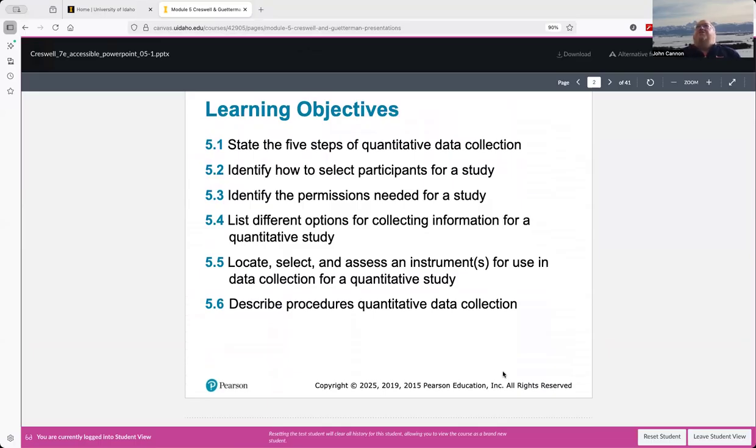The first one: state the 5 steps of quantitative data collection. Second, identify how to select participants for a study. Number 3, identify the permissions needed for a study. And these permissions are very important.